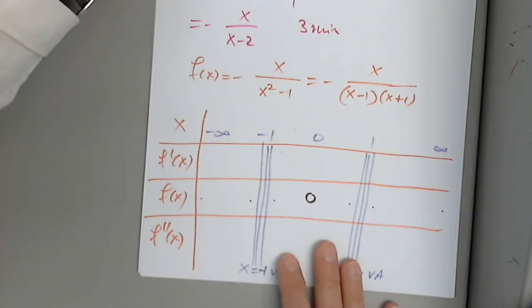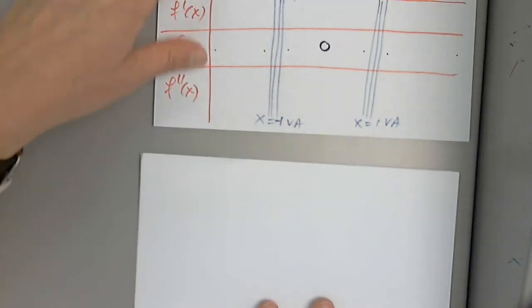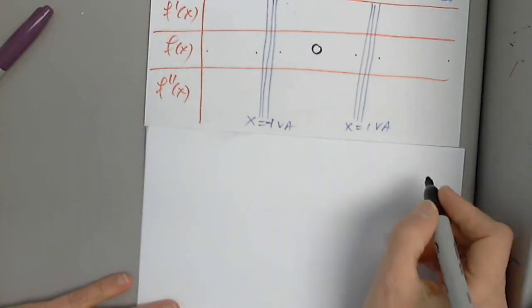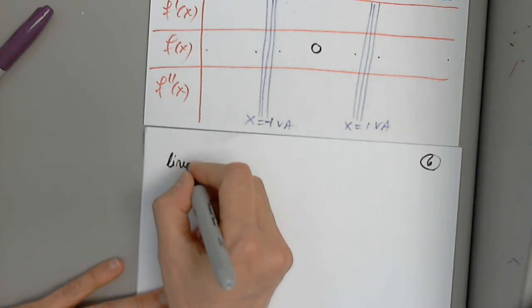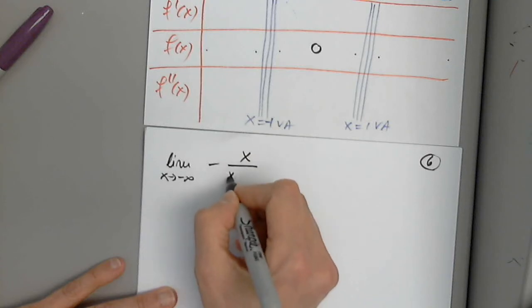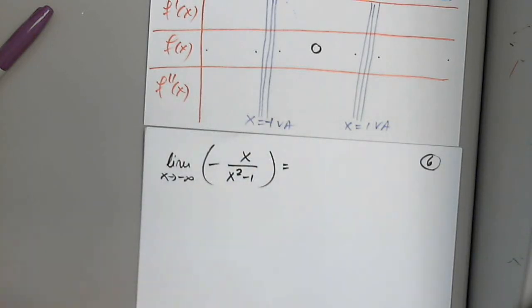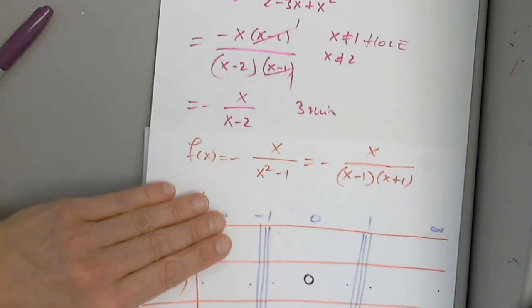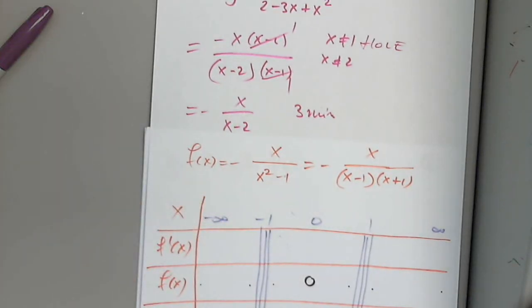Okay, so let's find these limits again. The limit as x approaches negative infinity of negative x over x squared minus 1. Now, this form is good for finding the domain, but it's not good for differentiating or for limits. Although if the limit is infinity, this may work better. So it depends.